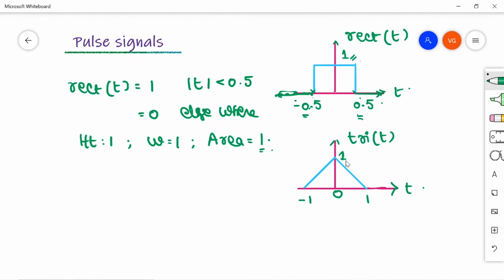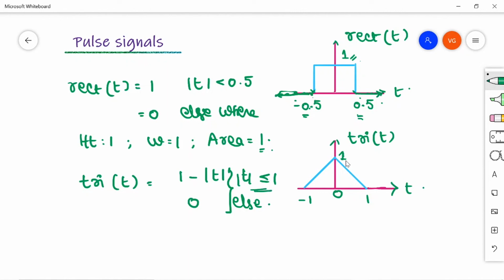Coming to the triangular pulse, it is defined as triangular of t is equal to 1 minus mod t for mod t less than or equal to 1 and is equal to 0 elsewhere. So what is this? Suppose say the signal is extended only from minus 1 to 1. So right, these are the limits they have given.